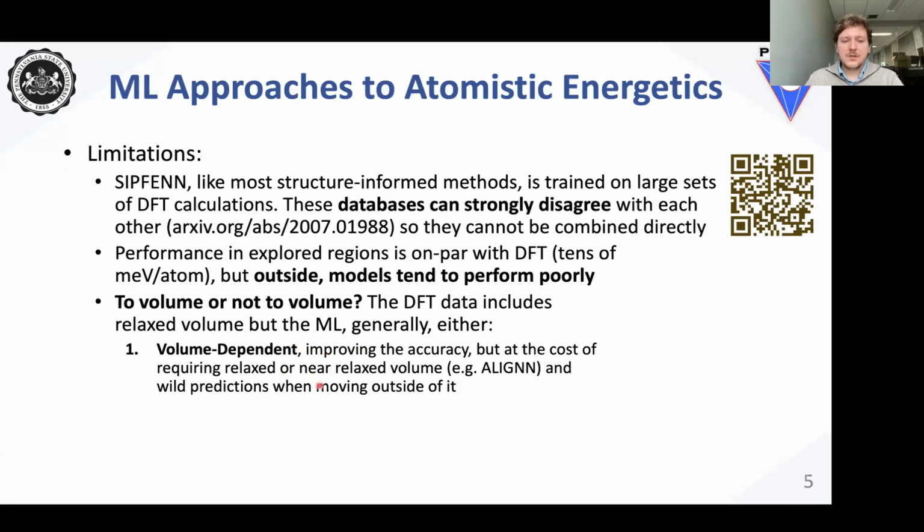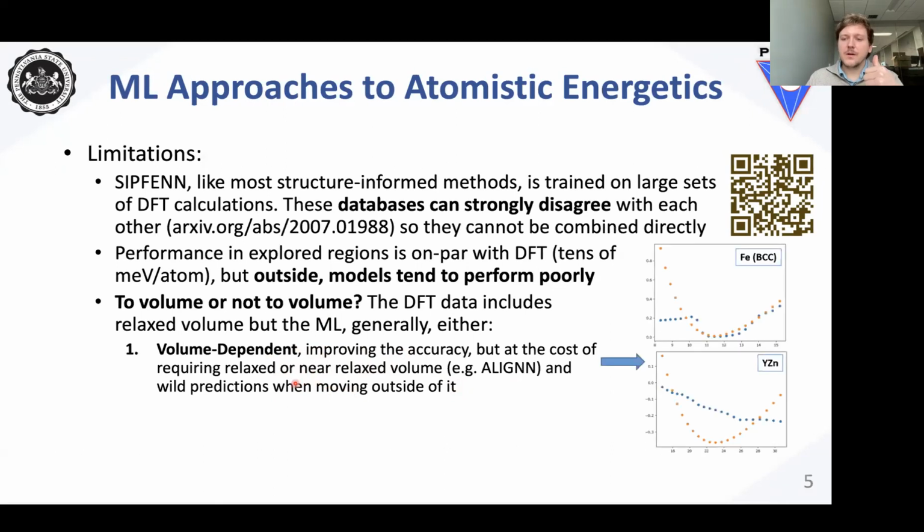And you know, if you try to move outside it, the predictions can be quite wild. For example, in the case of BCC iron, which is present in every single one of these databases, the predictions of the ground state are very accurate, but then as soon as we try to move outside of it, they can get very unphysical, especially on the compressed side.